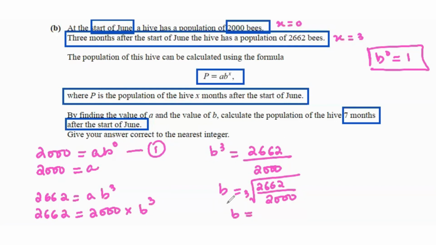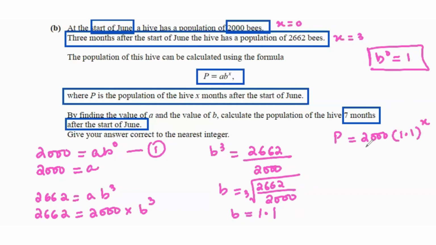So to get rid of the cube, we have to cube root the other side. So cube root of 2662 divided by 2000 is going to give us 1.1, which means the equation now is P equals to 2000 times 1.1 to the power of x.